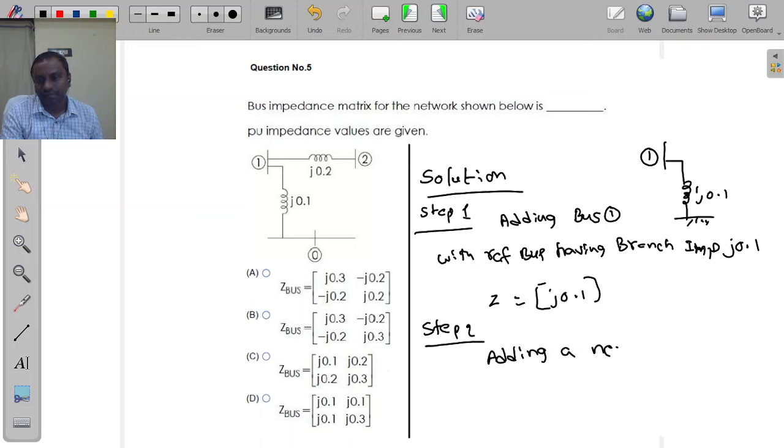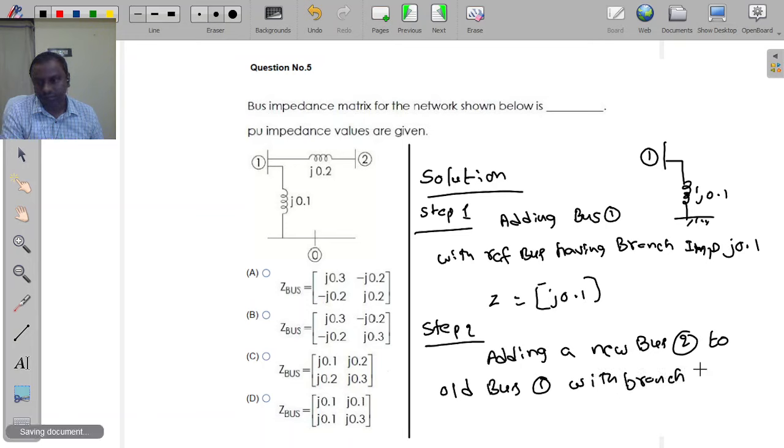Adding a new bus 2 to the old bus 1 with a branch having impedance j0.2.